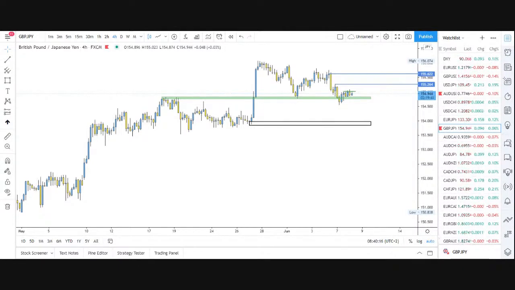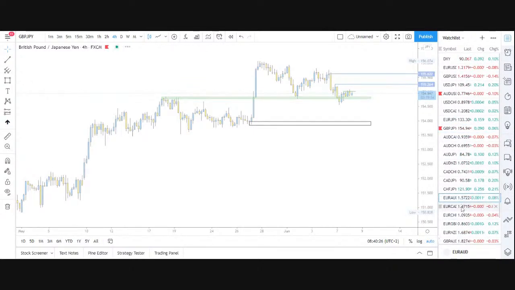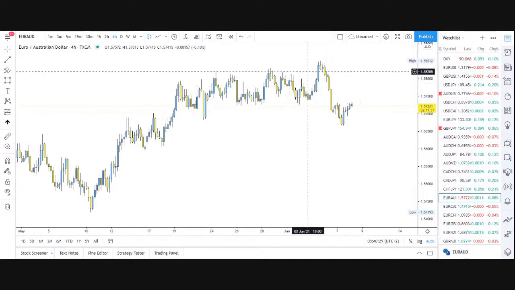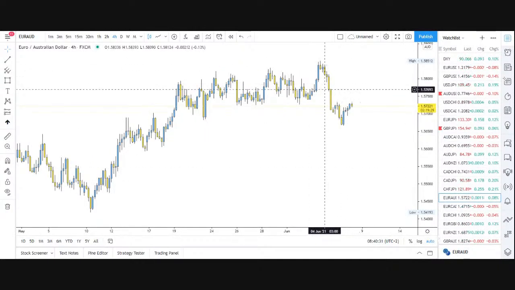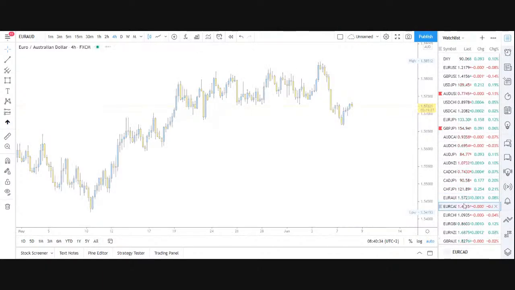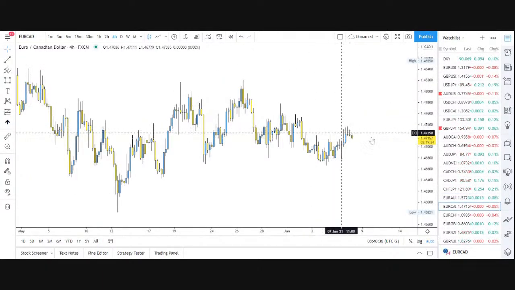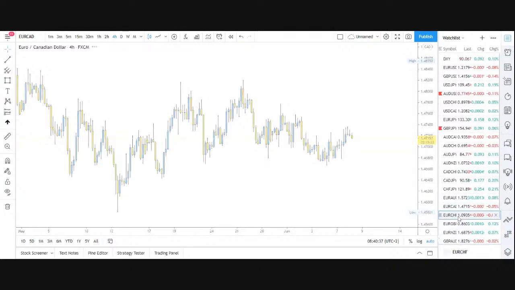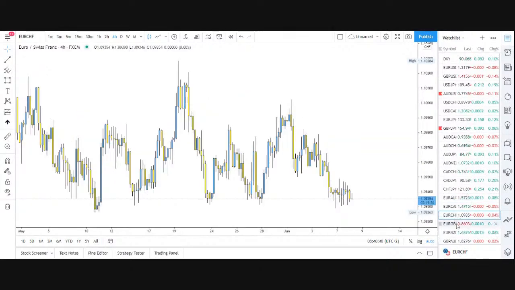AUD is getting weaker as I mentioned. Pound is weak, but then the strength meter is saying euro has been strong for some reason. I don't see that strength necessarily. I see how euro has just tumbled on AUD, Euro CAD is chilling. We're showing multiple wicks to the upside, meaning there's potential for downside.